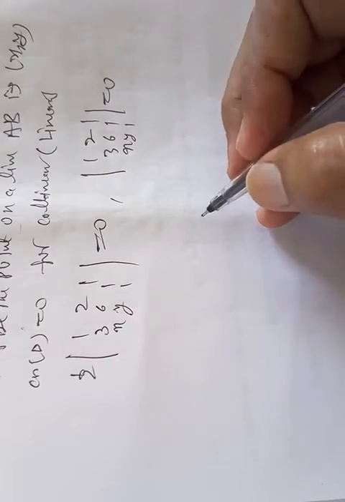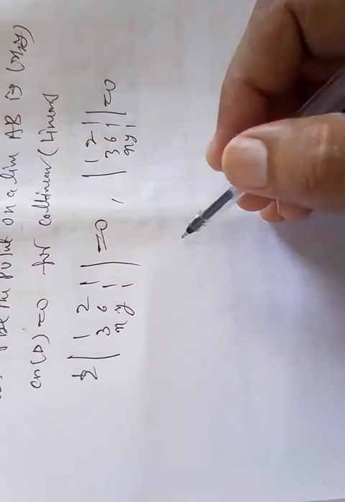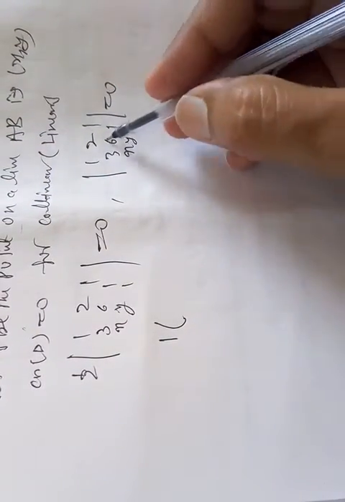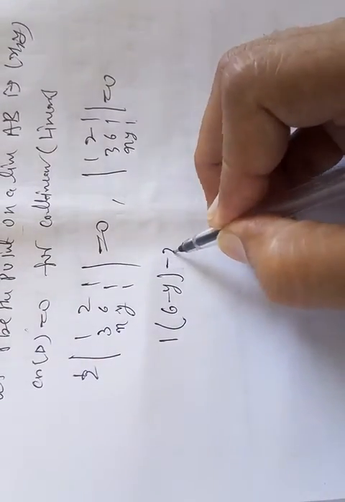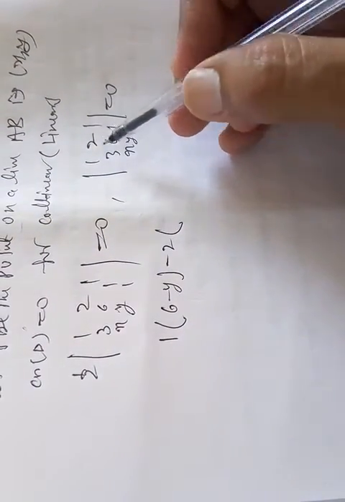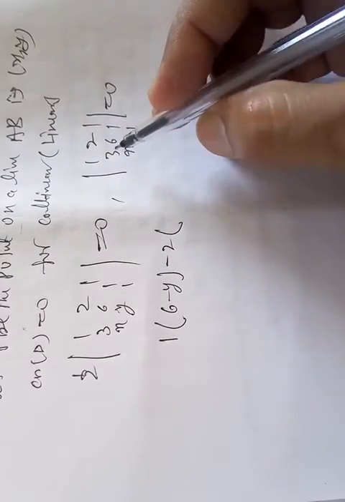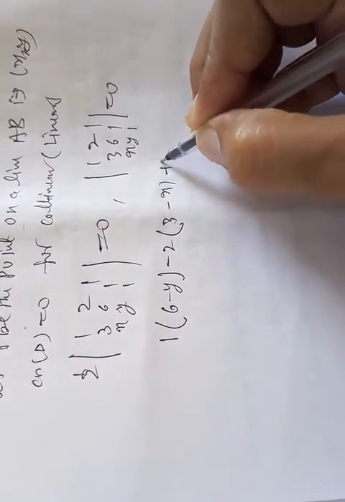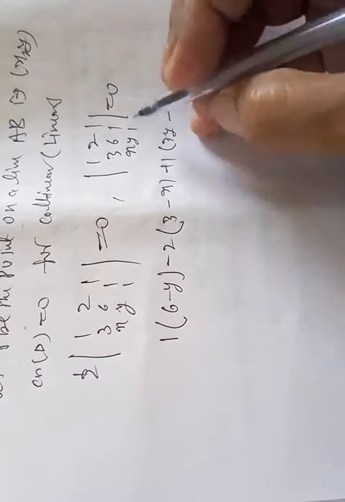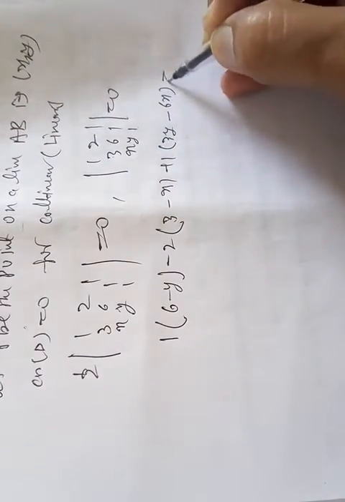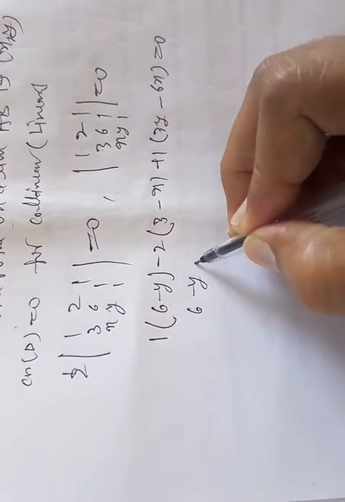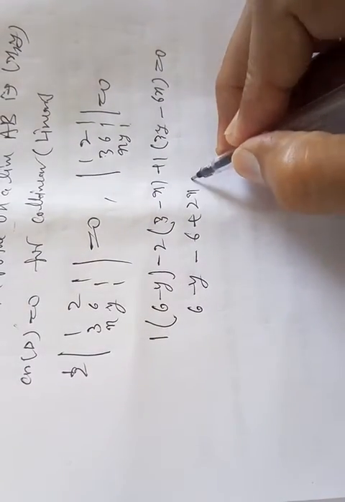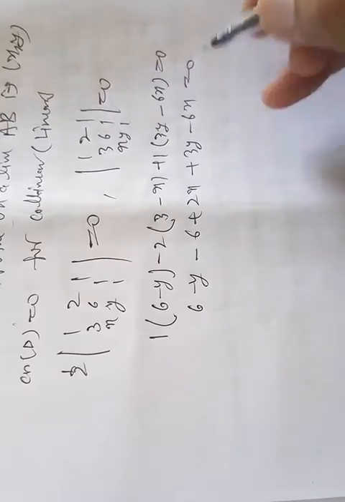Okay, so this is the 4th question. Expanding: 1 into (6 minus y) minus 2 and, second row, 1 into (3 minus x) plus 1 into (3y minus 6x) equal to 0. 6 minus y minus 6, minus minus plus 2x plus 3y minus 6x equal to 0.